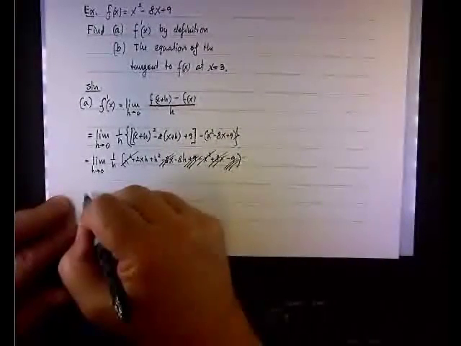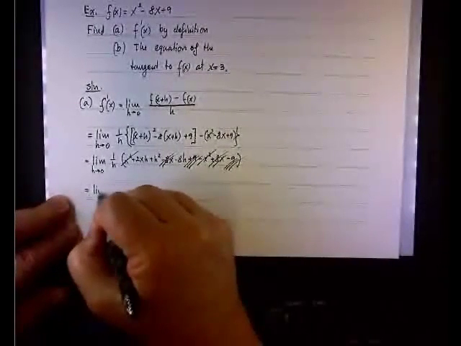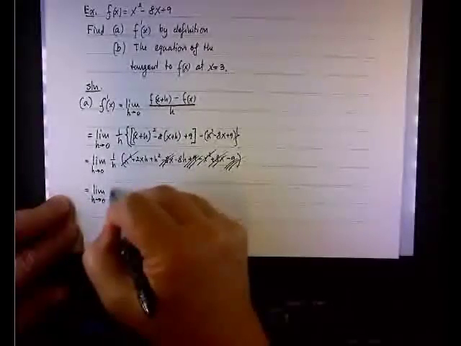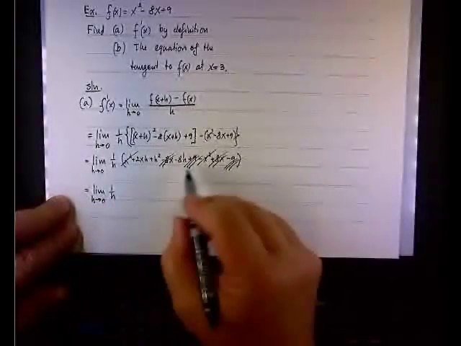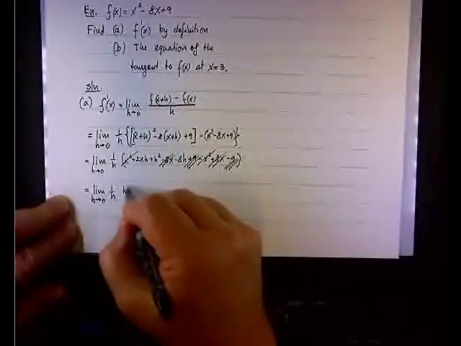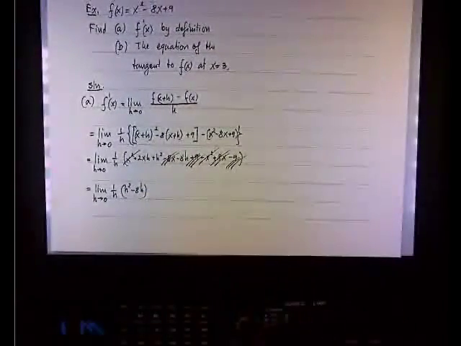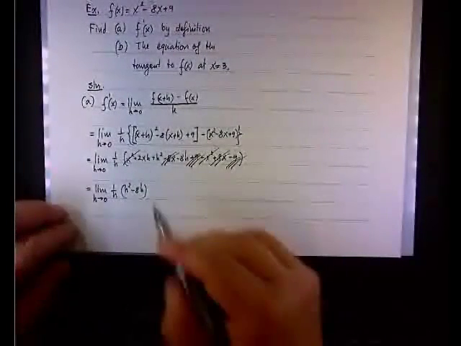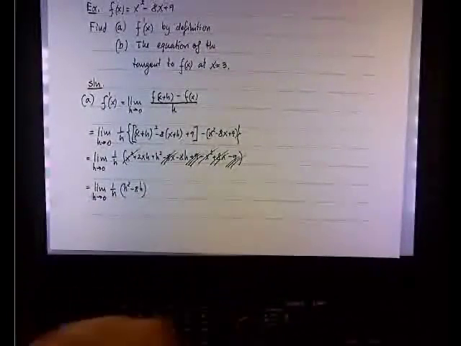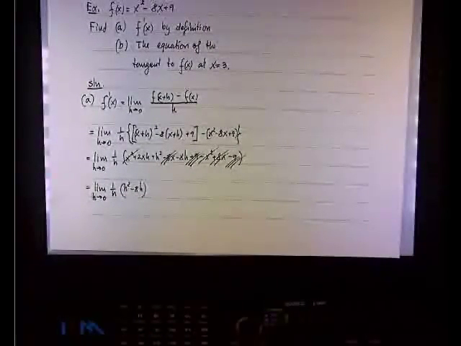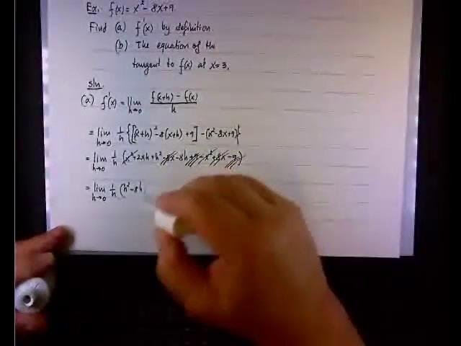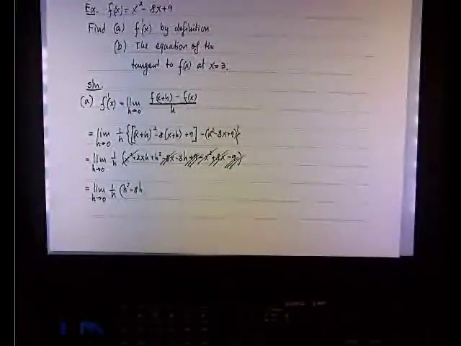Okay, and what survives after all of that is the h squared and negative 8h. So we have a long expression, and all of a sudden, boom, I have somewhere else 2xh. So let's add that.